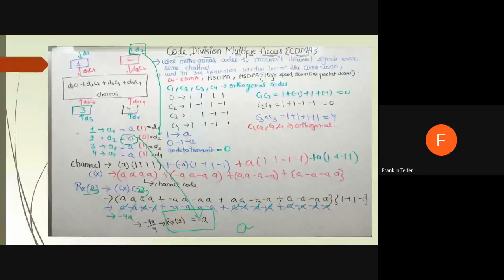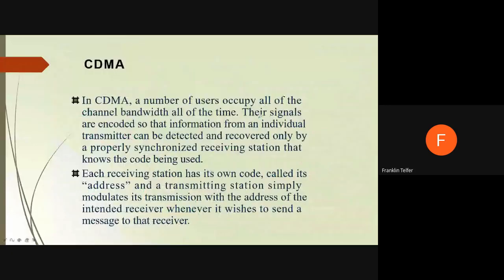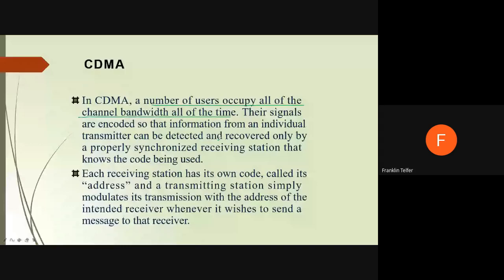So this is the CDMA. In CDMA, a number of users occupy the same bandwidth all the time. That's the main key point. The signals are encoded so the information from an intended transmitter can be detected and recovered only by the property. So here all users can share the same channel and bandwidth at all times. That's the main thing, at all times.